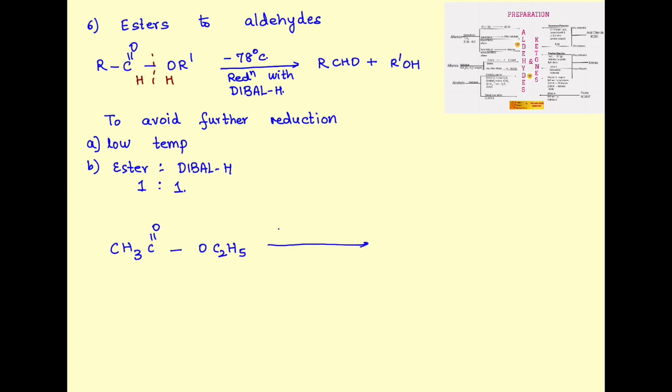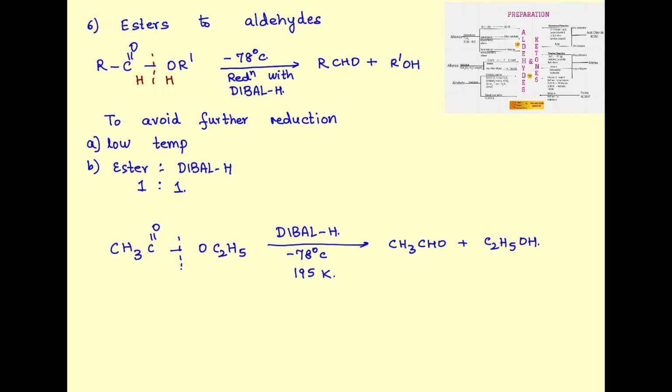Reduction with DIBAL hydride, minus 78 degrees Celsius. You can write the temperature in Kelvin as well. That is 195 Kelvin, is it? Let me know if my calculation is correct or not. Go ahead. Now break it down, form the product. What do you get? Yes, of course, CH3CHO plus C2H5OH.